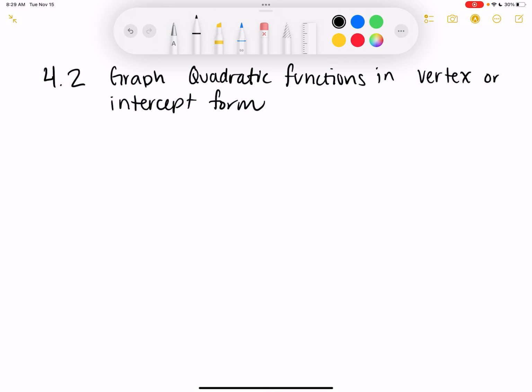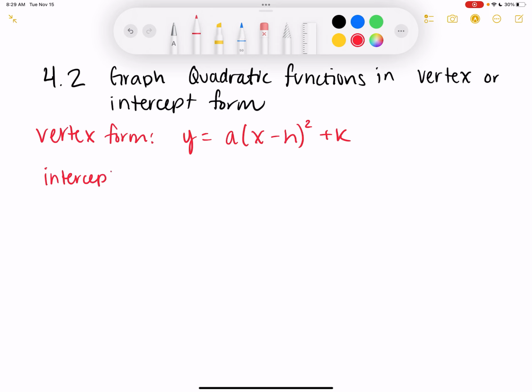So just as a refresher from the notes, Vertex form is y equals a times x minus h squared plus k, and intercept form is y equals a times x minus p times x minus q.